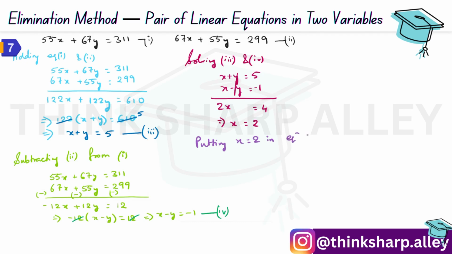So equation 3. So we have 2 plus y equals to 5. So y is equal to 5 minus 2, which is 3. So the solution for this given system of linear equations is x equal to 2 and y equals to 3.